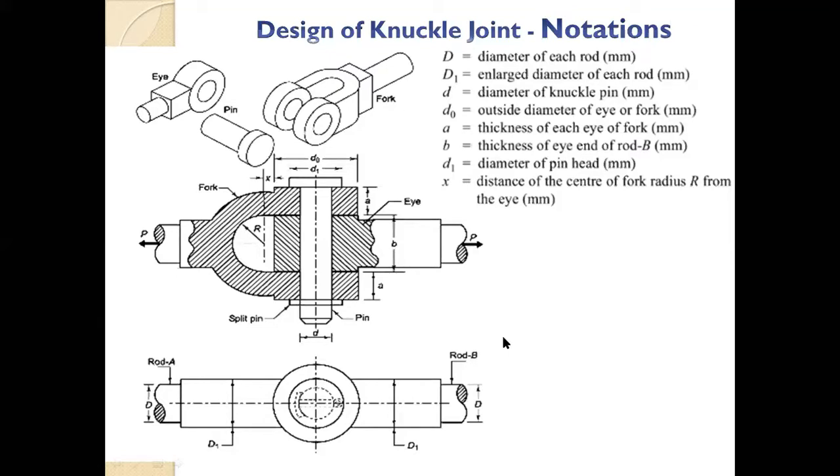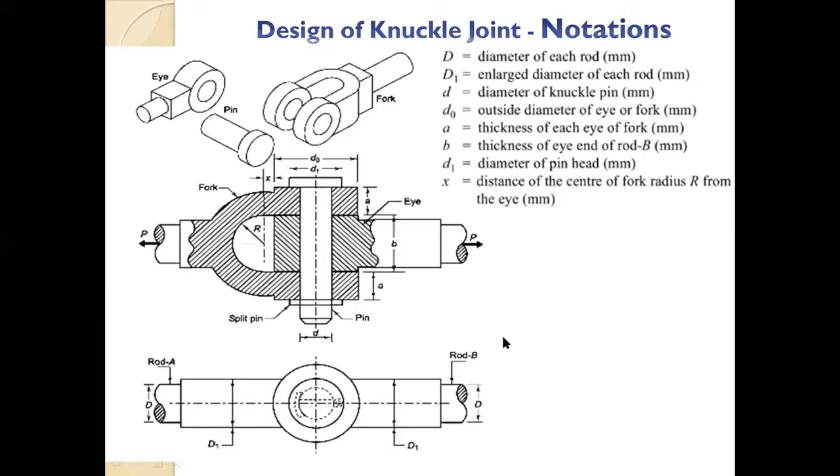So we got five diameters: capital D, capital D1, small d, D0, and D1. And there are two thicknesses, A and B. A is the thickness of the fork; there are two A's, top and bottom. B is the thickness of the eye. Once we get these dimensions, our design is complete.